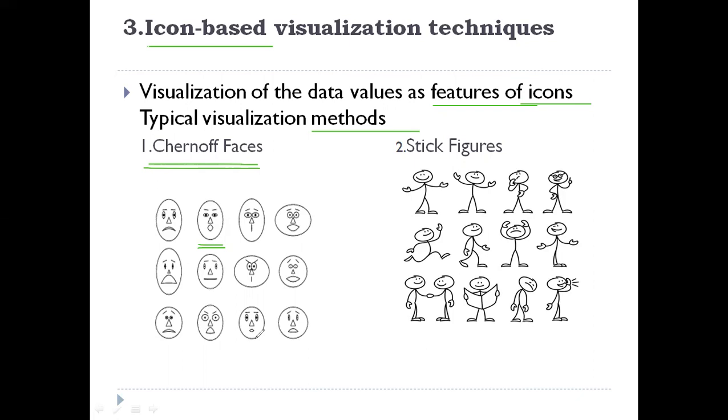By sharing these icons with your friends, they can understand what you are feeling at that moment. Is it correct? Right. So this is one kind of representation of the data. This is called Chernoff faces.